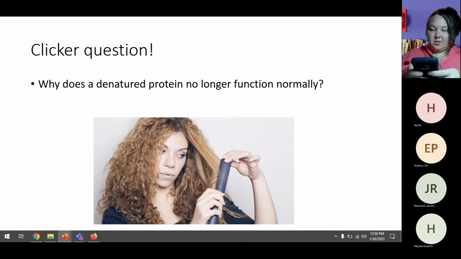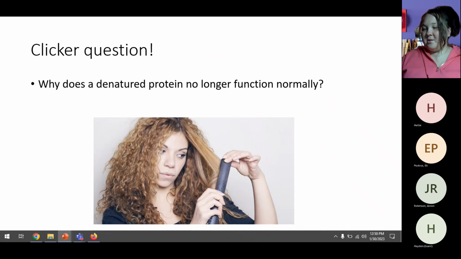Here's our next clicker question. There's a little visual to act as a hint. Very good. It loses its shape.